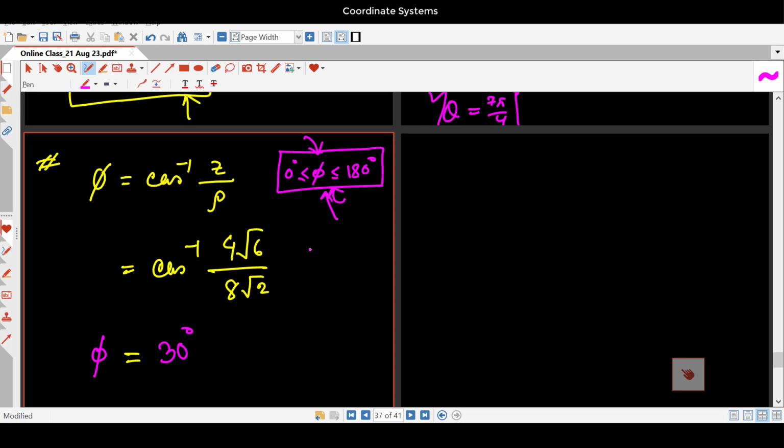Now have a look. The angle that we have found, is it in this region? Is it following the restriction? Yeah, it is going with the condition. So that means the angle that we have found is correct.